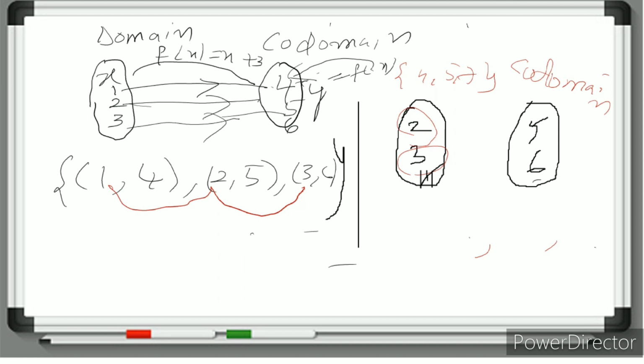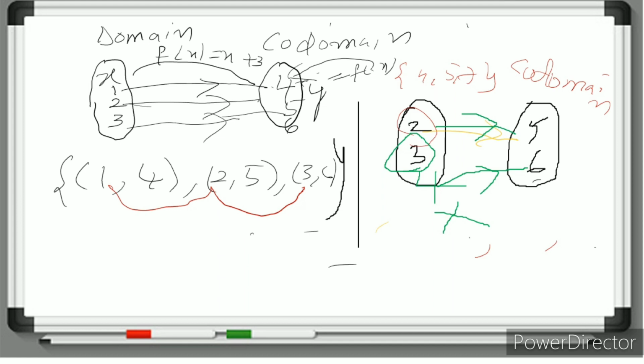Now, boys, I map 2 to 5, and 4 to 6, but 3 is left unmapped. So for each input there should be one output. Here 3 is left unmapped, so we will not call it a function.